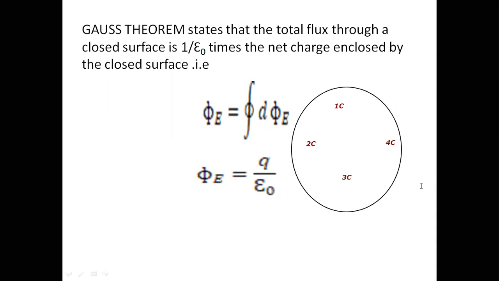If you want to know my phi value in this case, you add all these charges: 4, 6, 7, 8, 9, 10. So my net charge enclosed by this Gaussian surface is 10 coulomb.